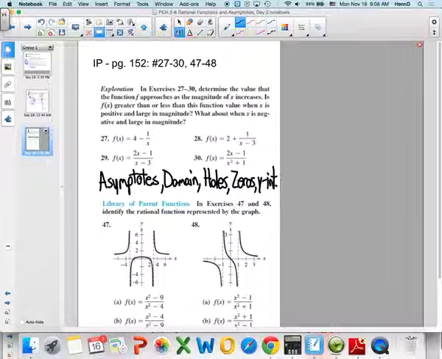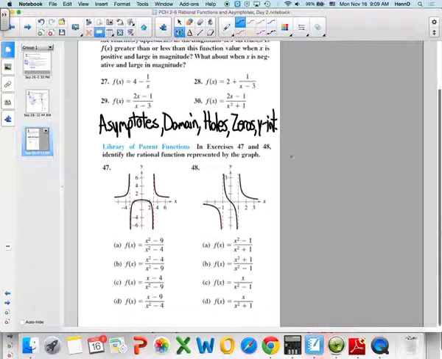Do all of that. And then here they have again some matching where you can match the function with its graph.